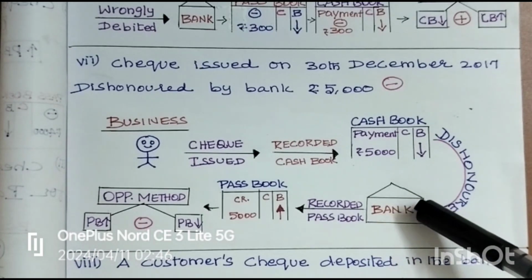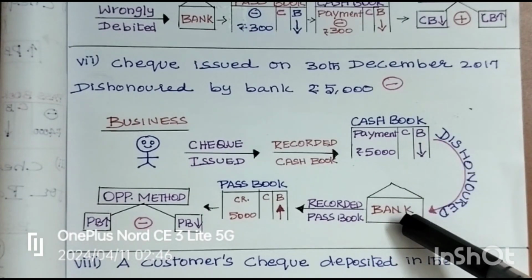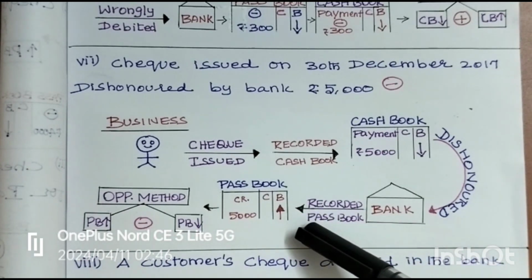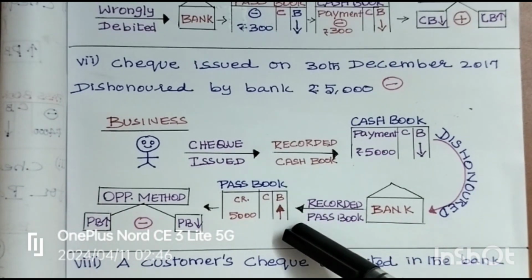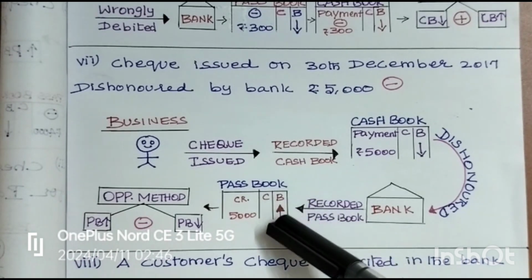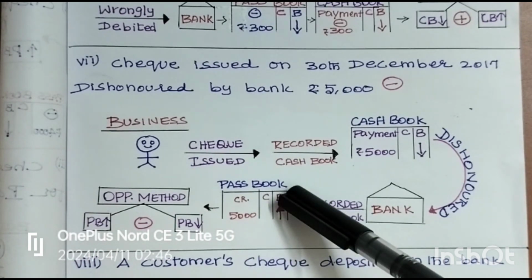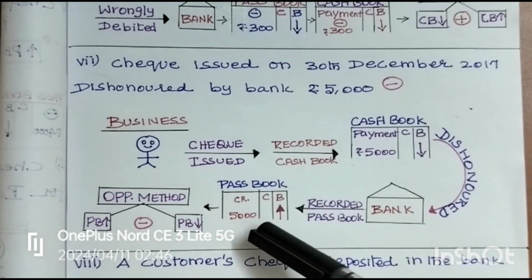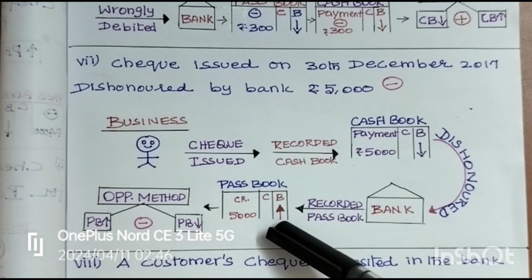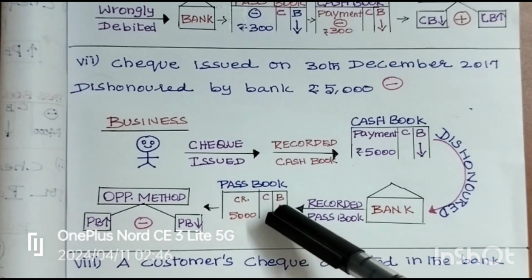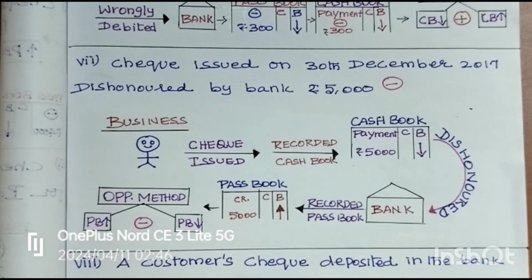On due date that check was dishonored, so the check was not cleared, and the bank passbook will be increased. If the check had cleared, the amount you paid would have decreased.